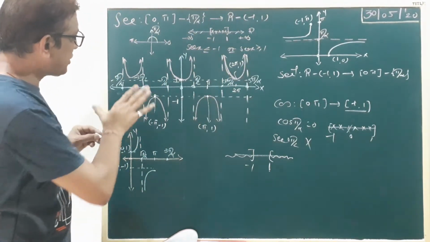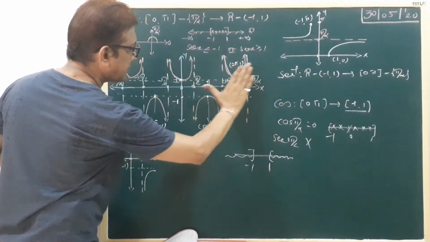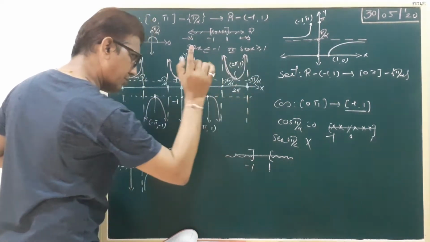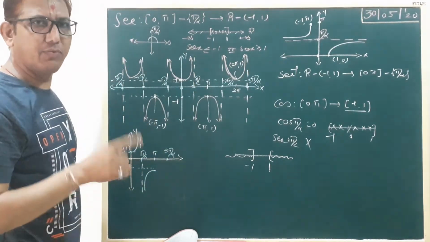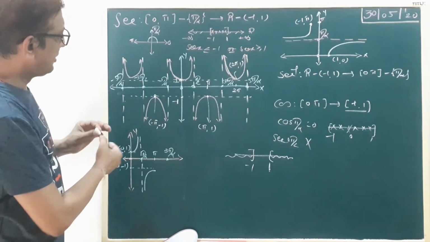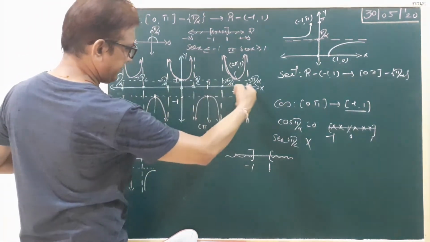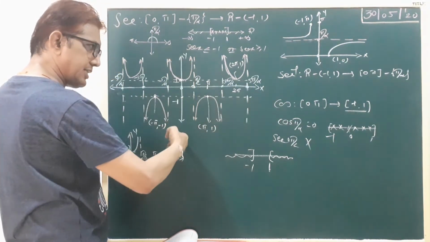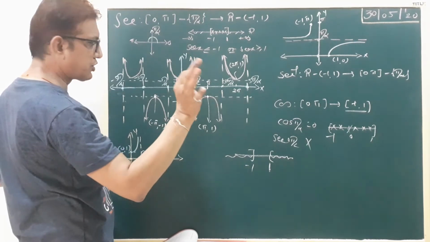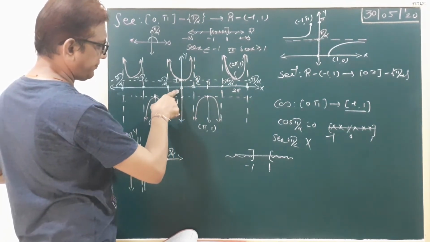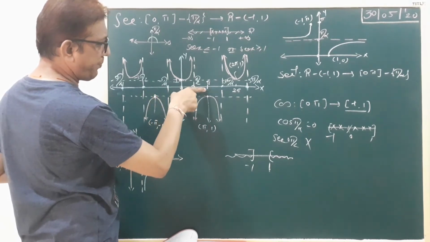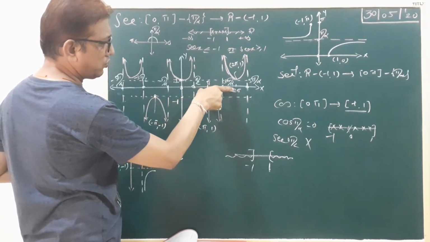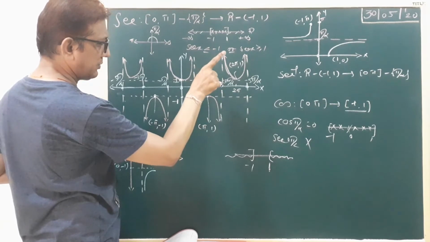Okay? Here we draw the sec graph. Not confused? Look here carefully. Here is the x-axis, y-axis, exactly the same as the cos graph. Here 0, pi by 2, pi, 3 pi by 2, 2 pi, 5 pi by 2.